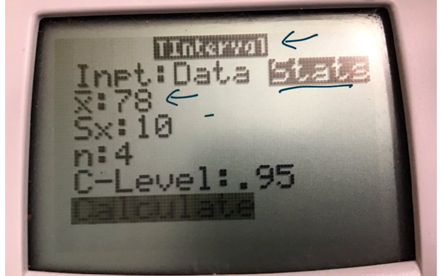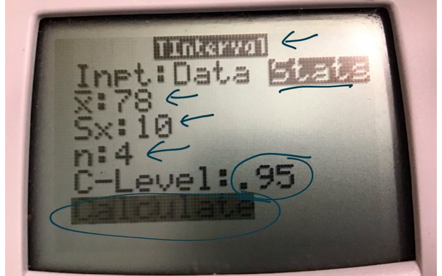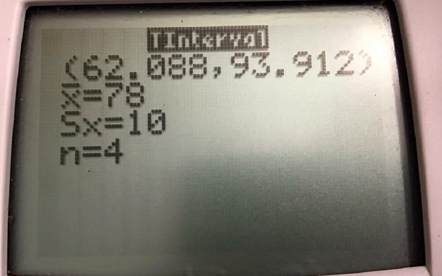We're going to put in our stats, 78, 10, 4. We want to be 95% confidence. We calculate. And as you can see, it is answer choice B. Now, the calculator gives us a more accurate result, guys, because remember, we're rounding off whenever we use that table. Okay? But, guys, hopefully you're understanding this video and you're going to watch and practice with your calculator.